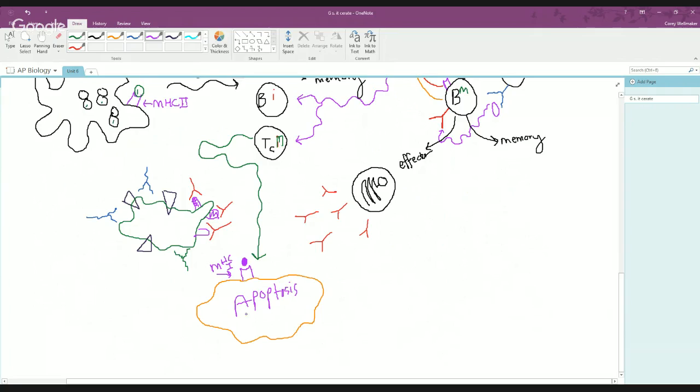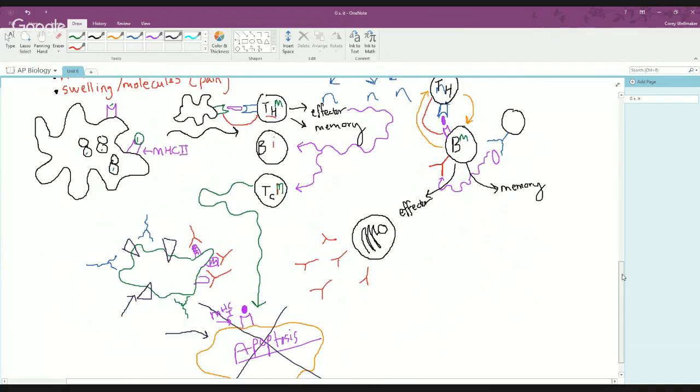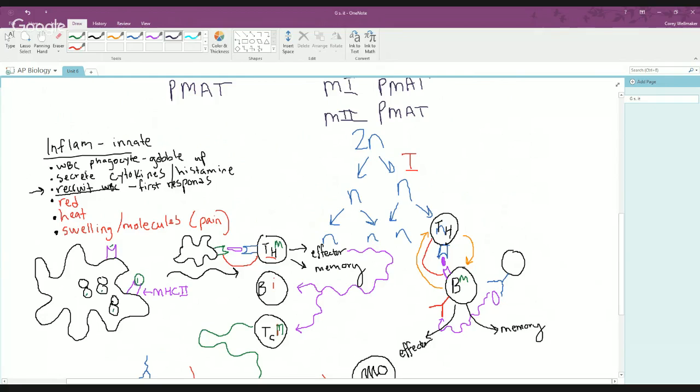So this cell is sort of saying, it's better for me to die than to turn into a pathogen factory. Right? So we're picking off pathogens, preventing them from thriving in the body. We are recruiting the immune system through the inflammatory response. This is one big, massive positive feedback system.